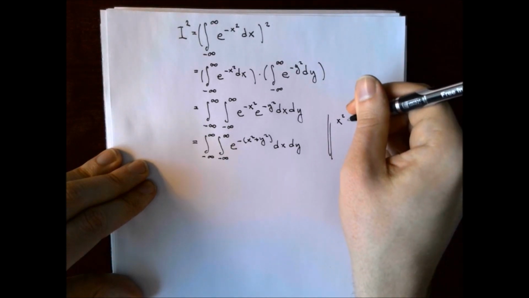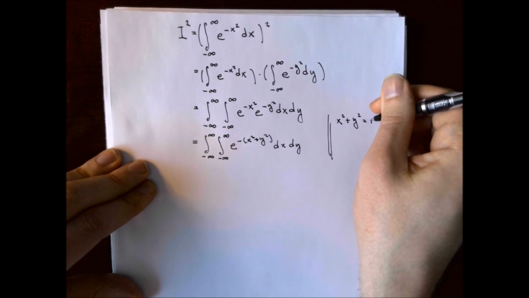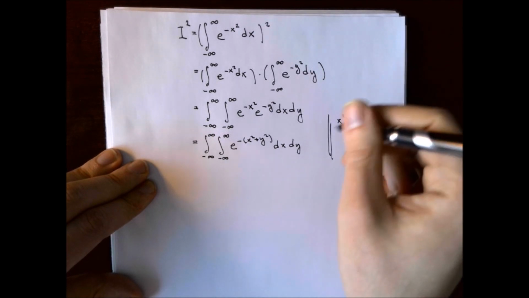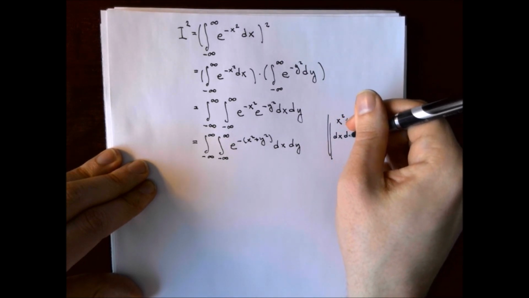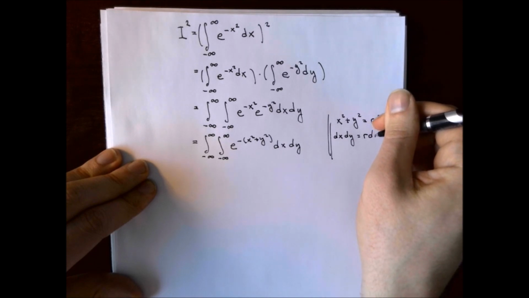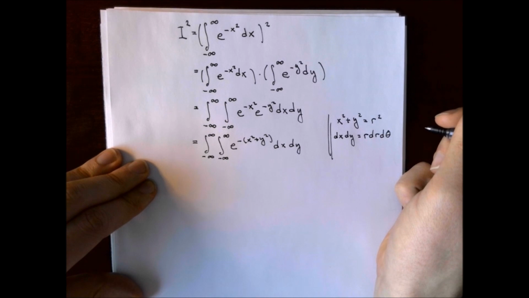In polar coordinates, x squared plus y squared is just r squared, and we also need to change dx dy to r dr d theta.